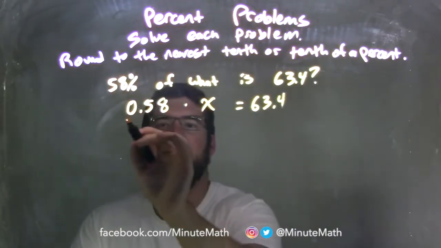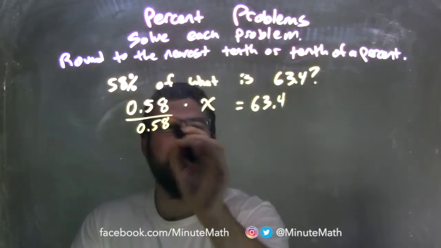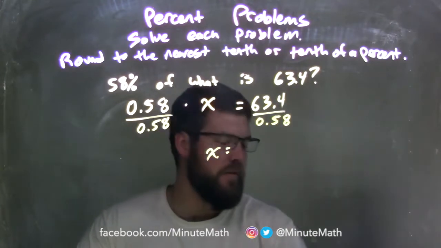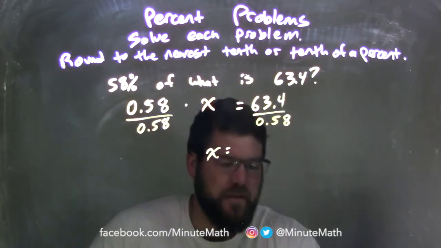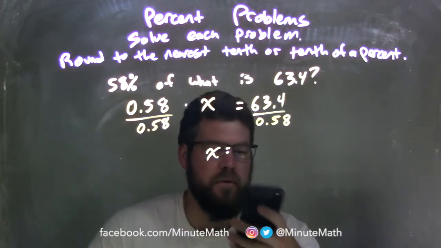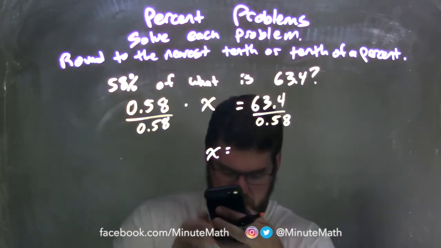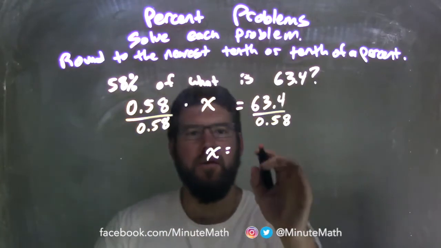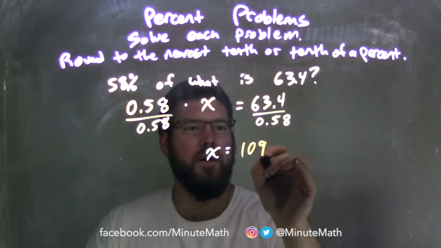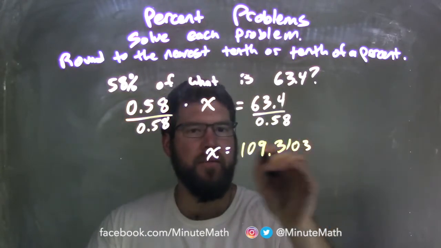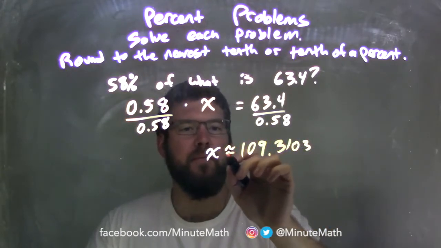We solve that, I can divide by 0.58 to both sides, leaving me with an x over here on the left, and then on the right, 63.4 divided by 0.58, which gives me here 109.3103. That's approximately, I'm rounding it.